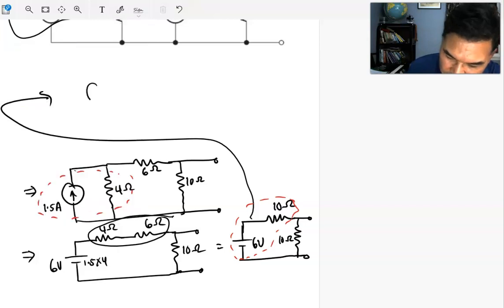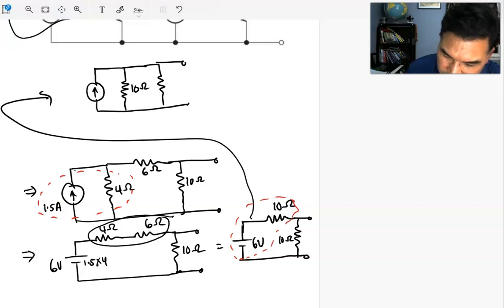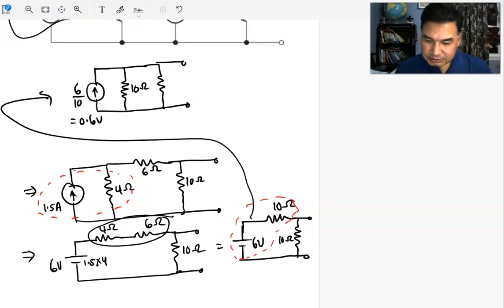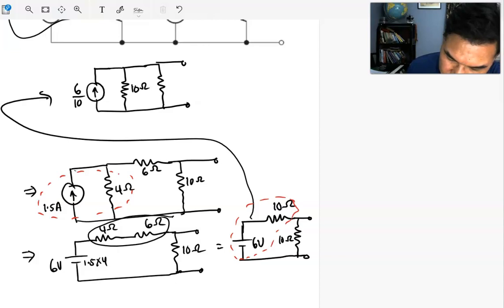It can be written as a current in this direction with the same parallel resistor, which is 10 ohm, and you have the other 10 ohm. So I know how much the current will be. This current will be 6 volts divided by 10, 0.6 amp.